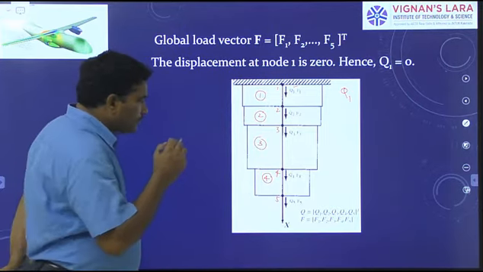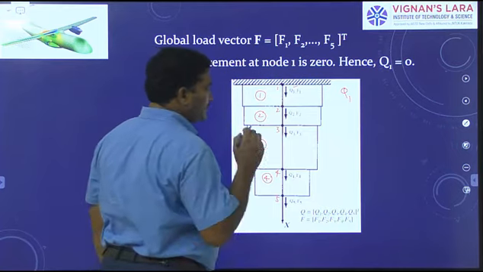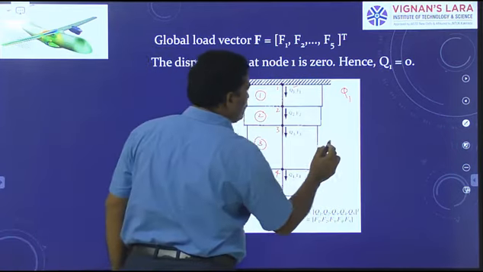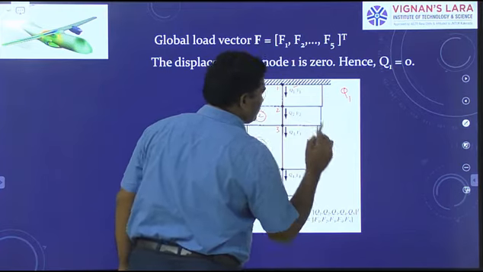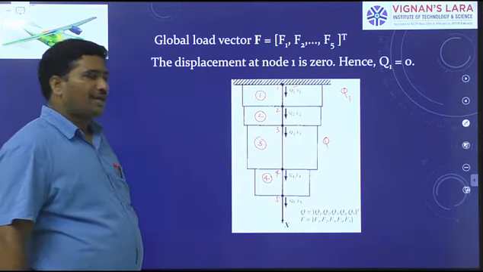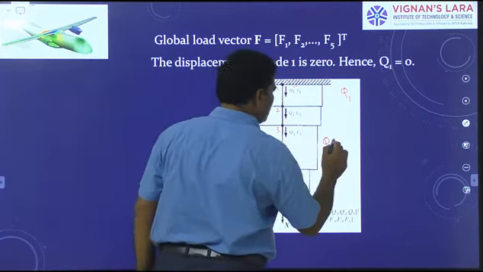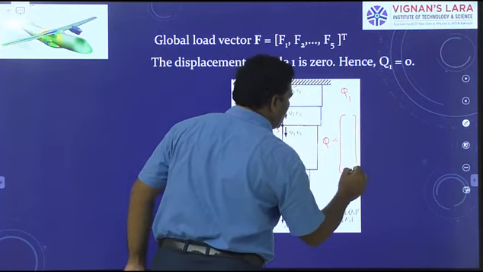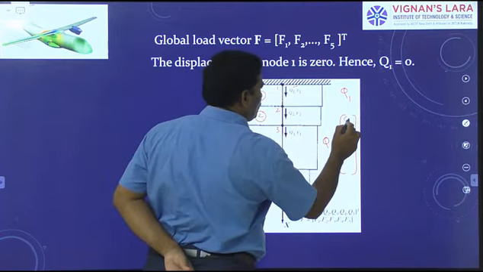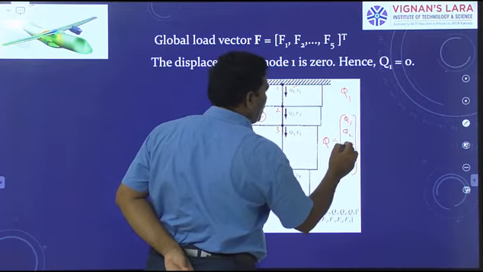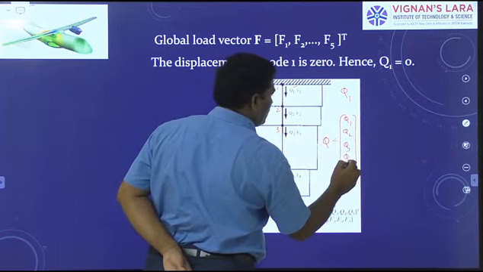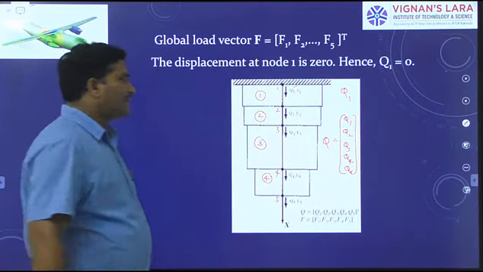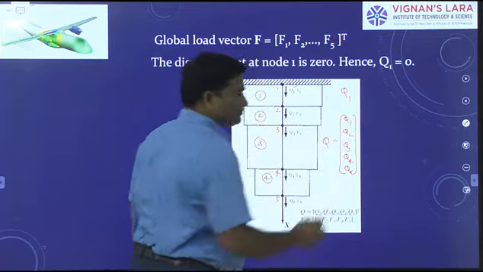So these global displacements are denoted by a vector Q, capital Q, which consists of the global displacements Q1, Q2, Q3, Q4, Q5, which is a column matrix.